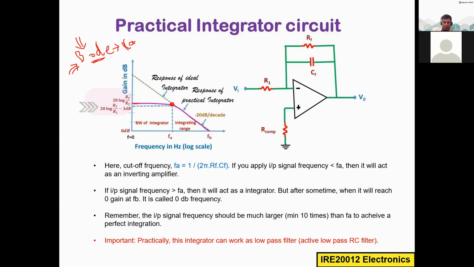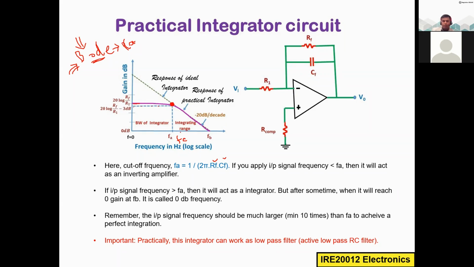The cutoff frequency formula is 1 divided by 2 pi RF CF. By changing this RF and CF value, you can change the cutoff frequency value. We can call this FA or FC, cutoff frequency. In some circuits or books they use FC, in some books they use FA.